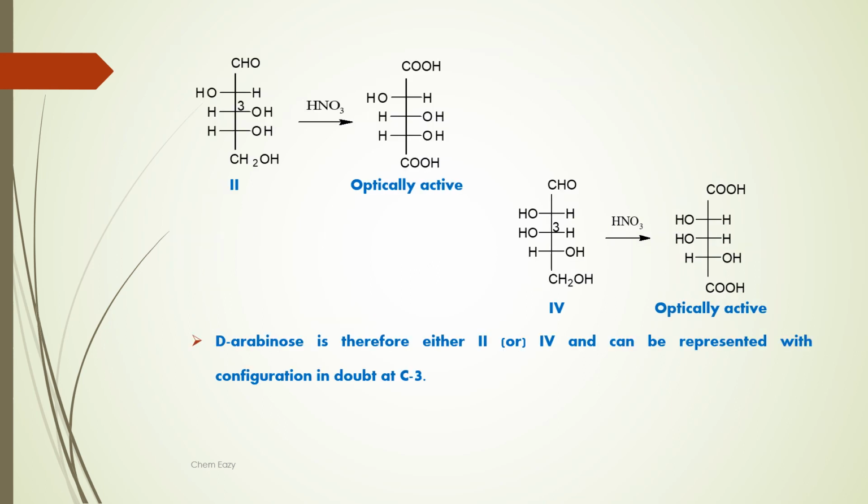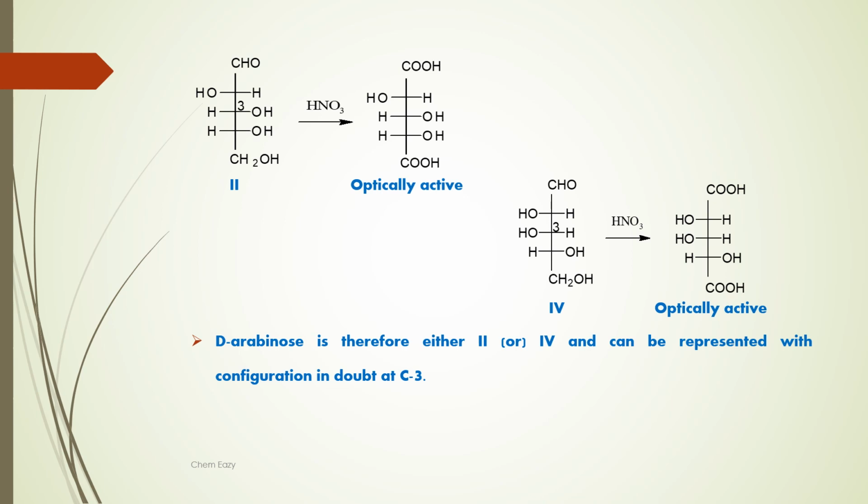In the same way, if structures 2 and 4 are oxidized with nitric acid, both produce an optically active dicarboxylic acid, and there is no plane of symmetry in both dicarboxylic acid structures, so both are optically active.